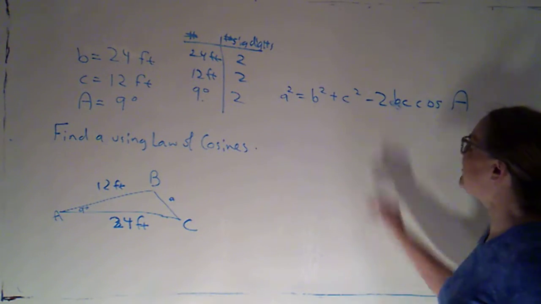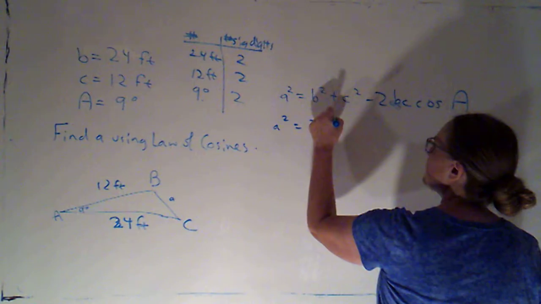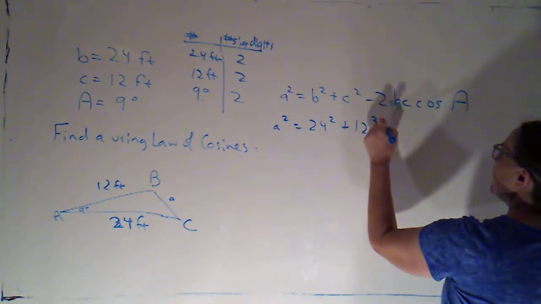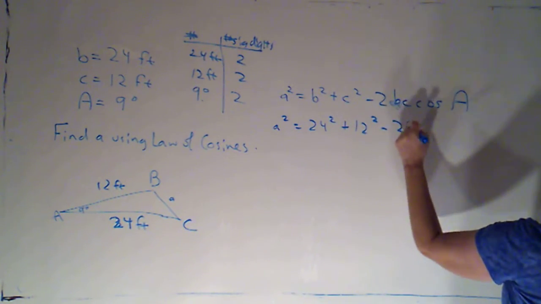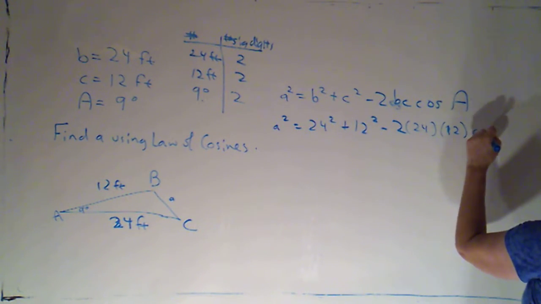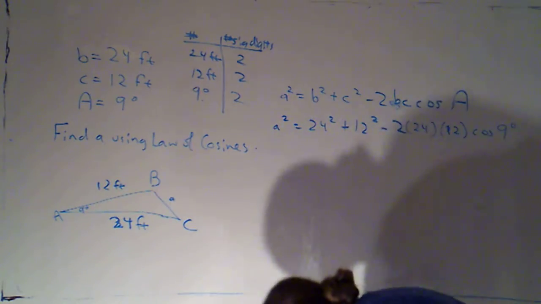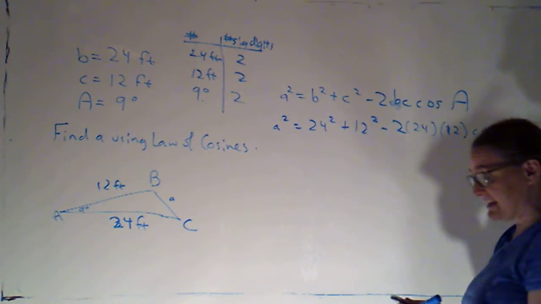Welcome back. Okay, so A squared is going to be 24 squared plus 12 squared minus 2 times 24 times 12 times cosine of 9 degrees. I'm going to go ahead and work that out, remembering that that's A squared.